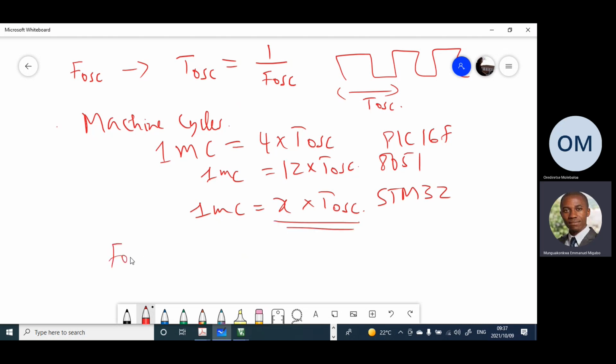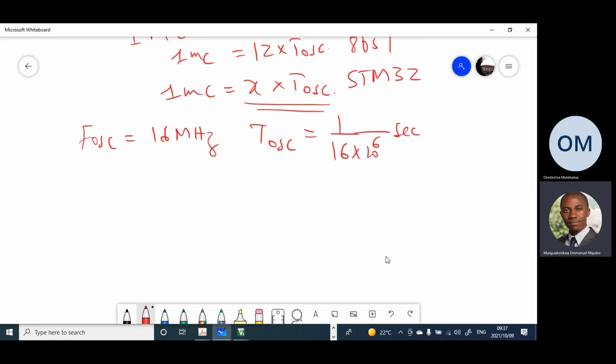So if you go from an oscillating clock, for example, of 16 megahertz, just as an example, that means the oscillating period is 1/(16 times 10 to the power 6) seconds, and that will be 1/16 microseconds. How much is that? That can be computed as 1 divided by 16. So we're talking about 62.5 nanoseconds for one clock pulse.